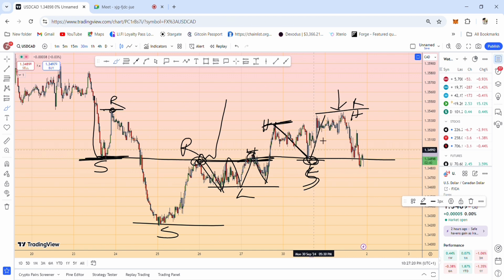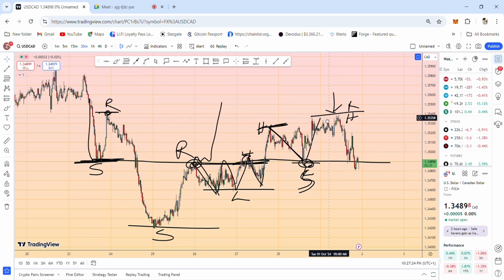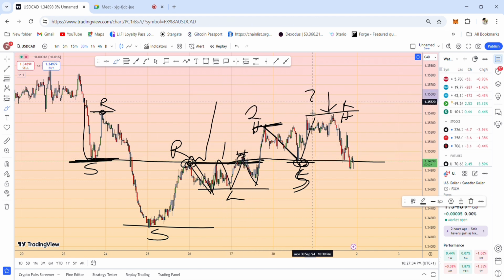Then price bought to this high again. This is our first high, this area the second high, and this is our third high. When it got to the high, sellers came in at this point and sold down. So price is now at the support level.